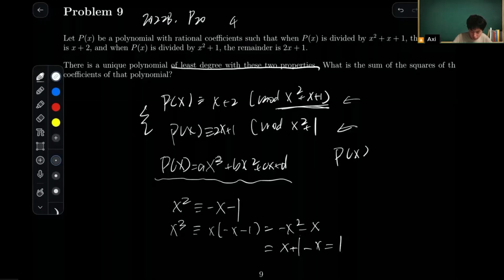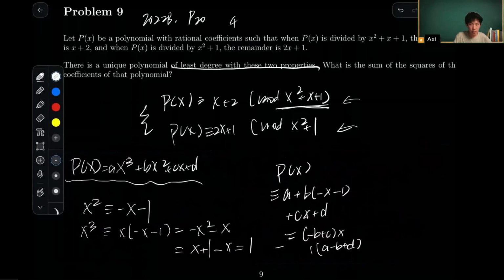So p of x under the modulus x squared plus x plus 1 can be written as a plus b times negative x minus 1 plus cx plus d, which can be rewritten as negative b plus c times x plus a minus b plus d.